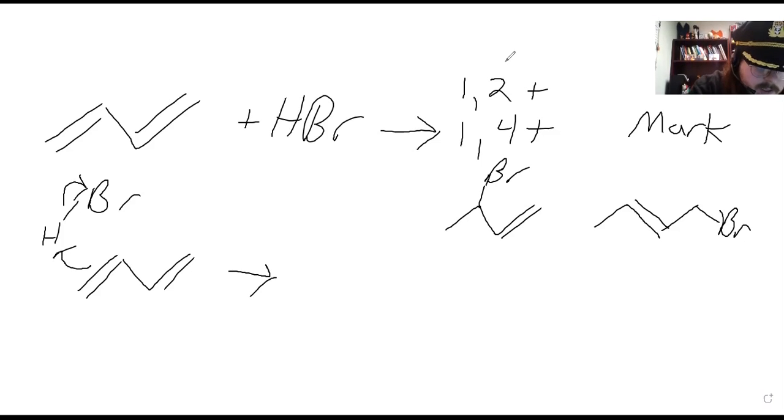Remember, Markovnikov, the H goes to the least substituted carbon, so you make the more stable cation, the secondary cation. In fact, this is an allylic cation, so it's even more stable.